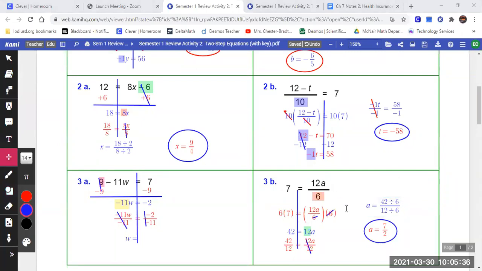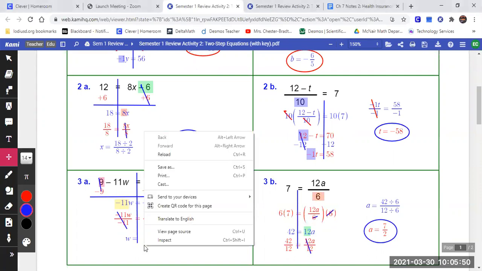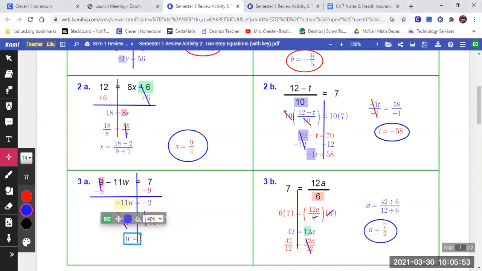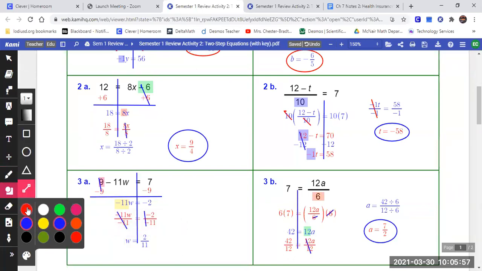W equals what then, if those negatives got canceled out? 2 over 11. 2, oops, wrote it at the wrong spot. 2 divided by 11. Okay.